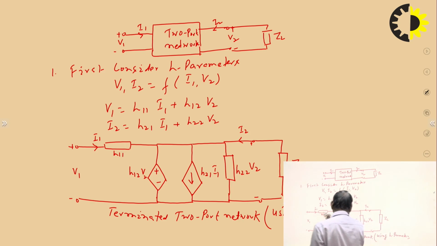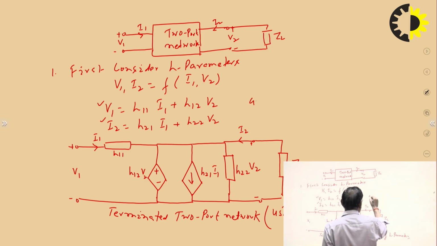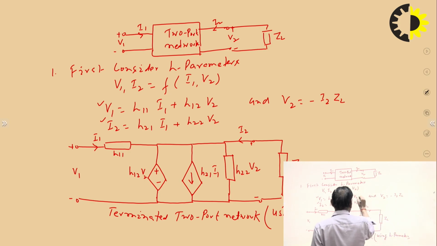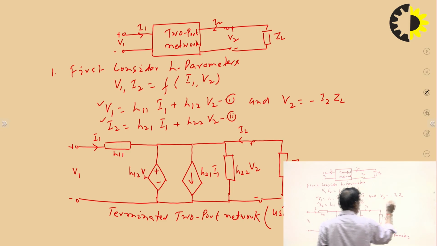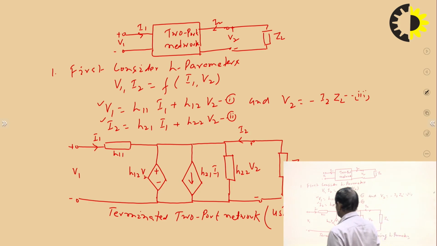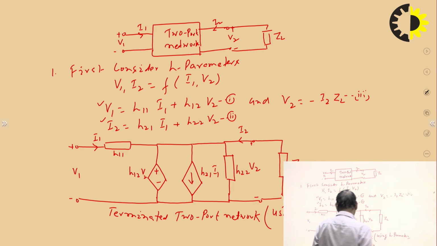So we can write the equations. We can use this one, this one, and we also use V2 is equal to minus I2 ZL. So this is your first equation, this is second, and this is your third. Three equations.